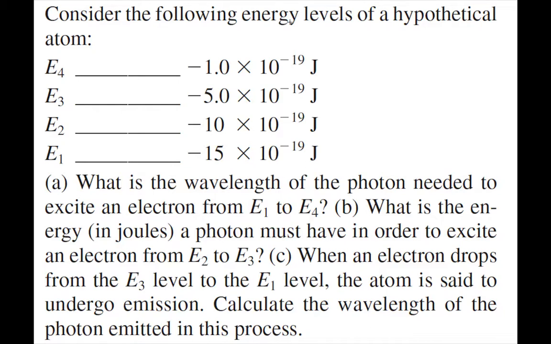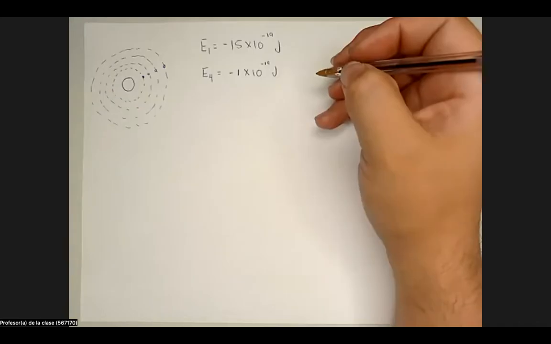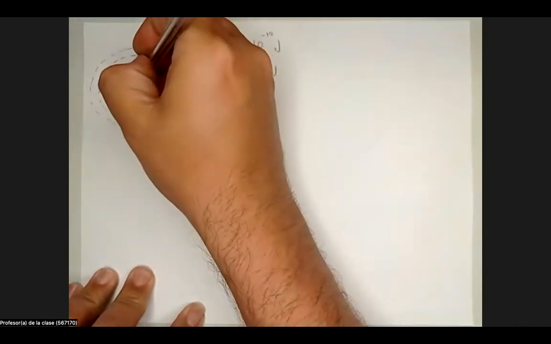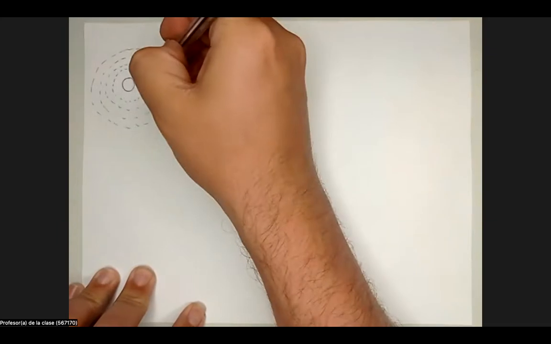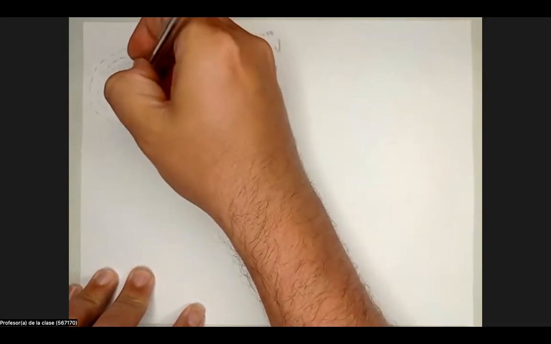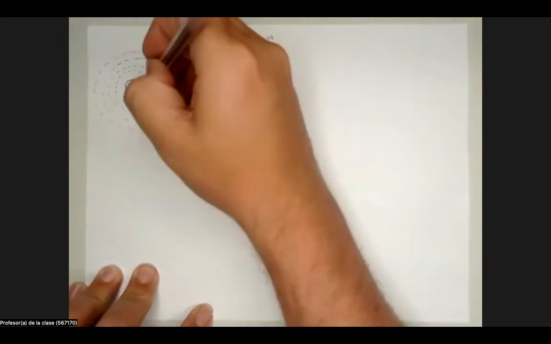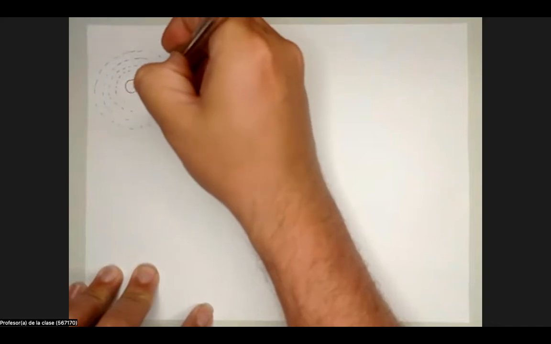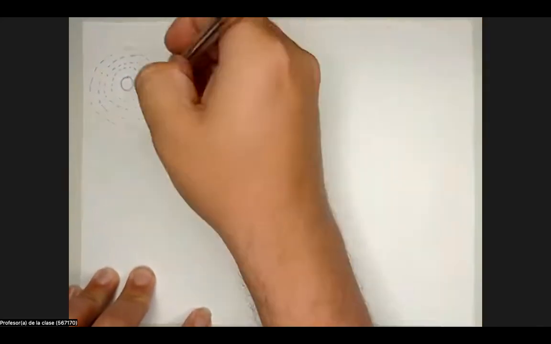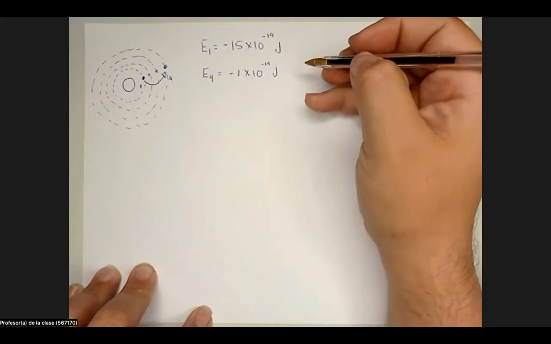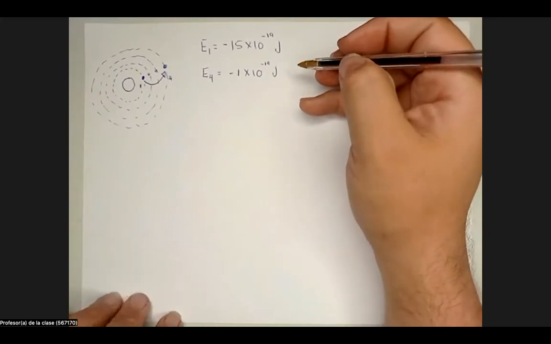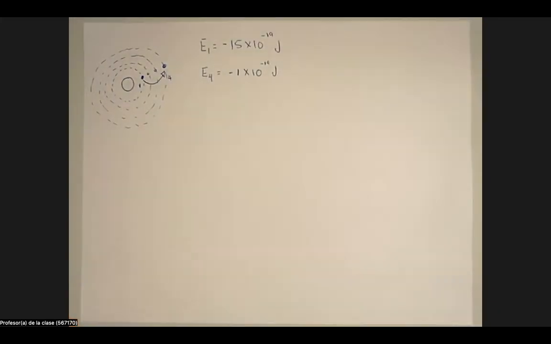Okay, so first of all, for the electron to jump from level 1 to level number 4, the electron needs energy. Here appears the photon, right?